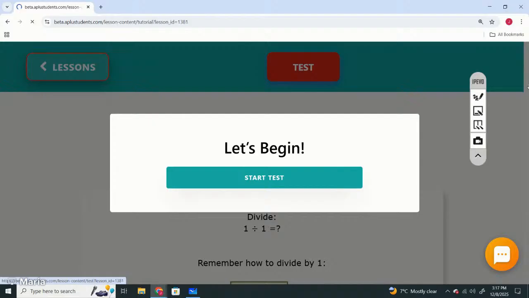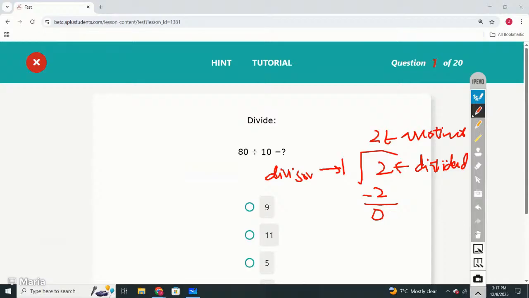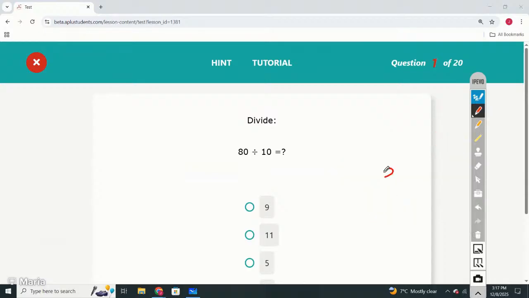Okay, the next one is 80 divided by 10, right? So let's just divide 80 by 10. Now 80 is dividing by 10. So the one that is being divided is the dividend.